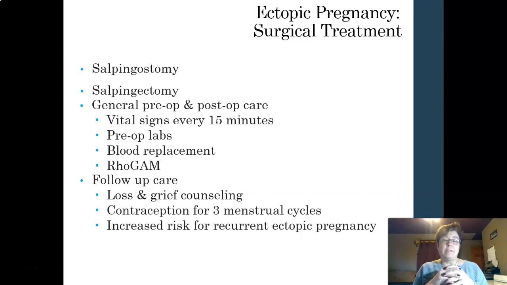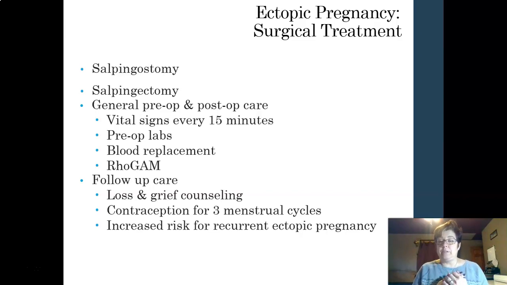The salpingostomy is where they go in. The tube has to be intact at this point, so it has not ruptured. They cut open the fallopian tube and they remove the pregnancy. And then they stitch the fallopian tube back closed. A salpingectomy, which is probably more commonly done, is where they remove that section of the fallopian tube, okay?